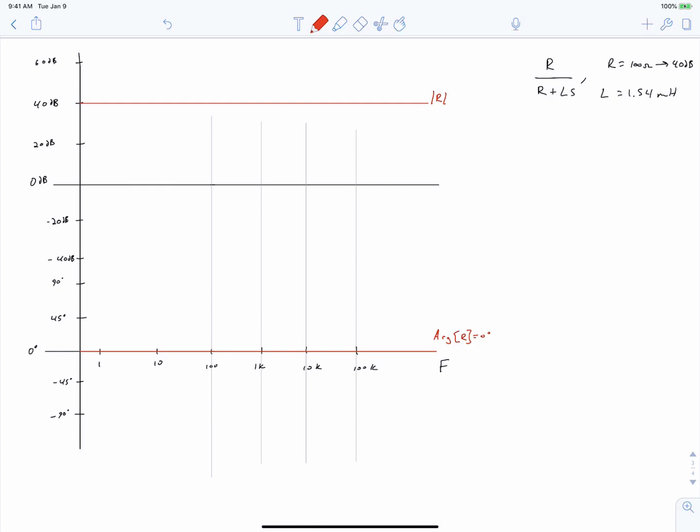Next, we'll plot Ls. And I picked L to be this magic number 1.54 because that corresponds approximately to pi over 2.